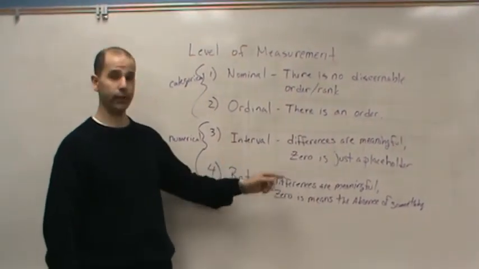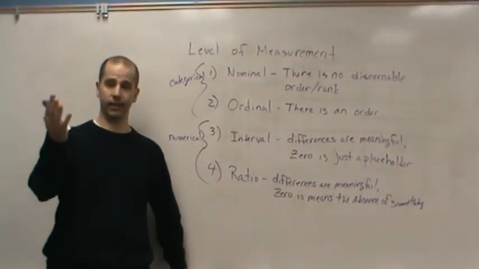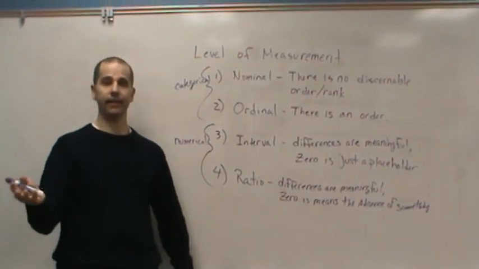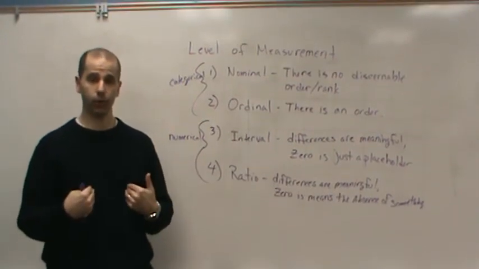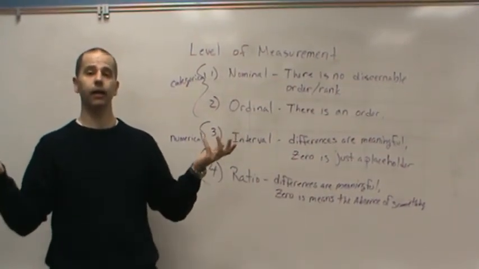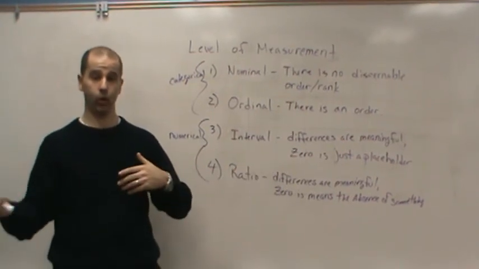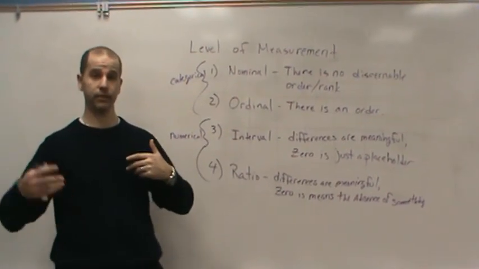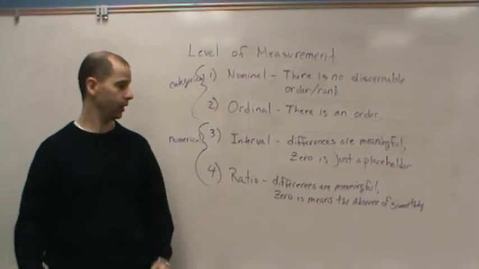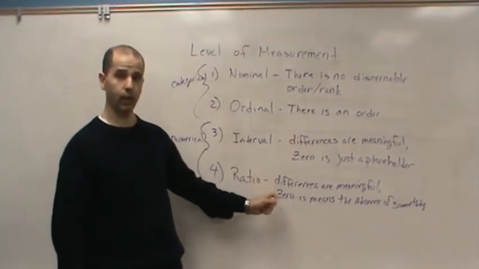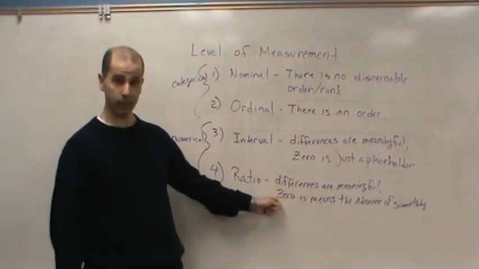It has interval, right? So I can take differences. So I can subtract one person's weight from another person's weight, and that difference is meaningful. It tells me how much more one person weighs or how much less one person weighs compared to another person. Okay? So it has those two qualities. So it has differences are meaningful. It has 0 means something with weight.